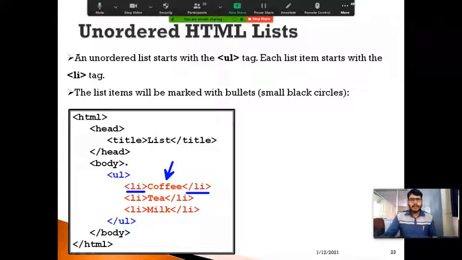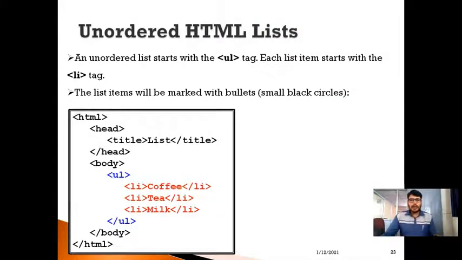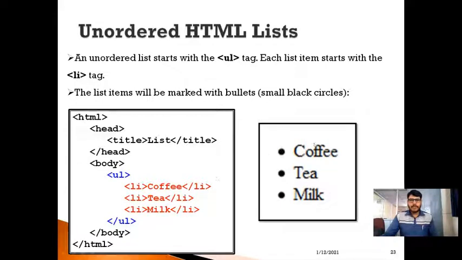For that, I'm going to use the UL tag, and within this I'm going to specify several list items. So this code will generate output which looks something like this. You can observe it is going to generate a list here, and as we are specifying UL, by default it will create a disc bullet style. So this is how it is going to generate an unordered list.